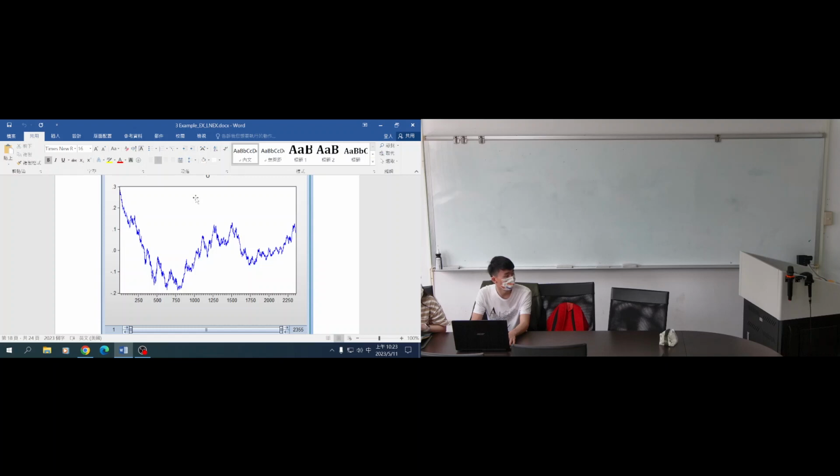This is the residual from regressing A5. It is non-stationary, right? This one is pretty similar to the one we see for the original data. It means that it doesn't work in this case. After I detrend it, the original variable still contains the non-stationary factors in it.